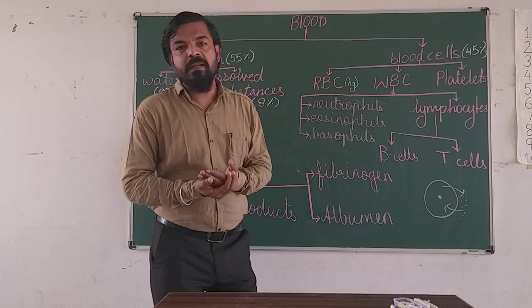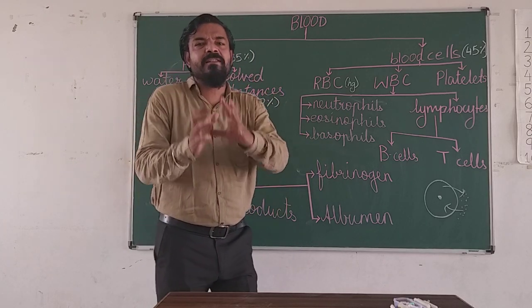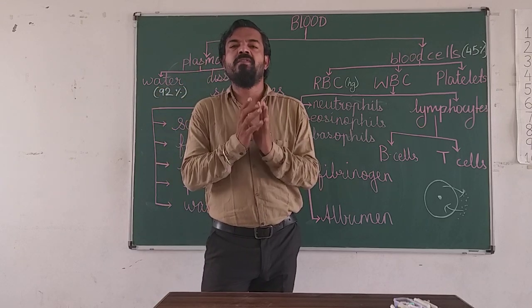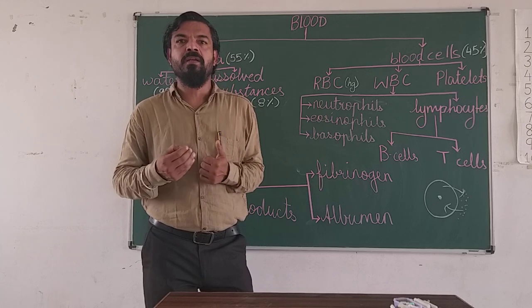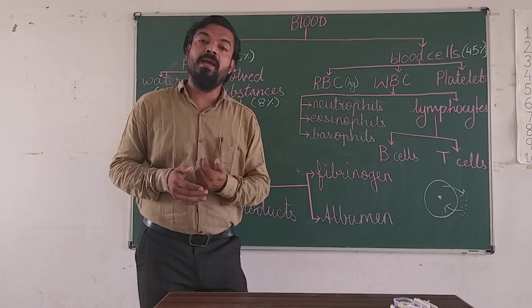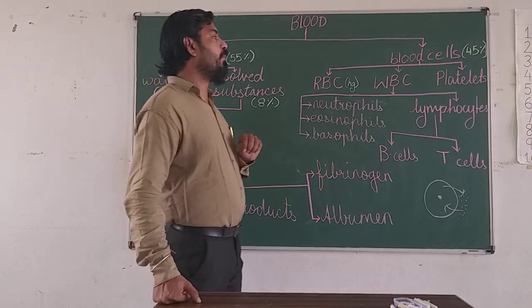In an adult man, it should be 14%. It's a range, but 14% is very healthy for a man and 12% for a woman. Less than 9 or 8 is very dangerous for both. So hemoglobin in the RBC is a very important part.